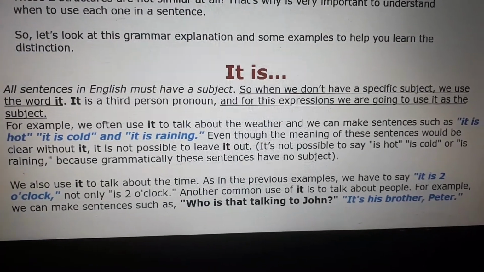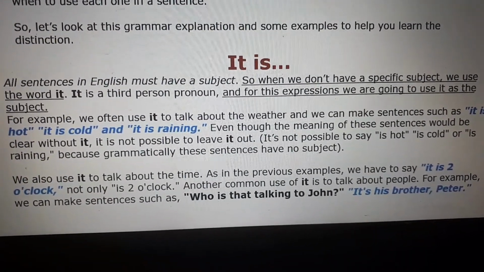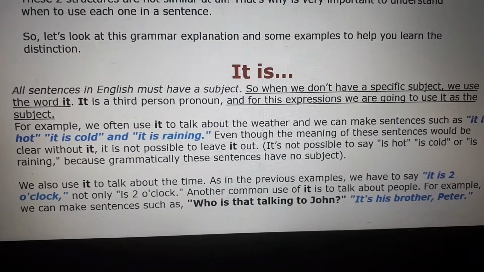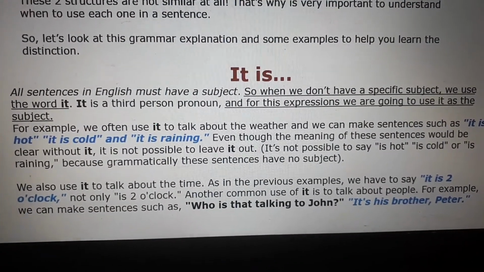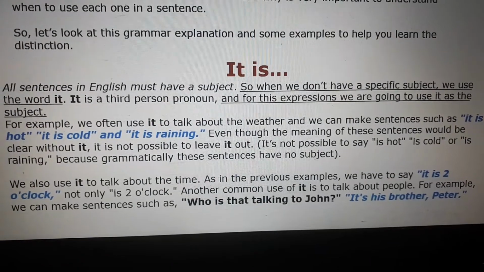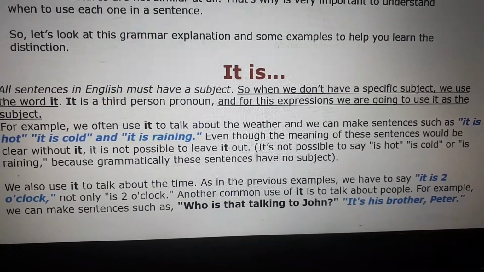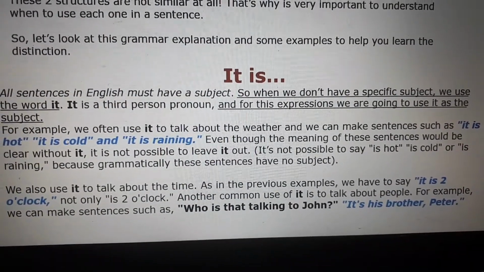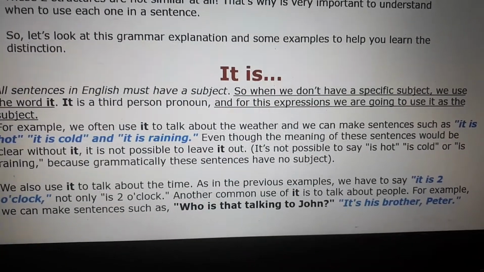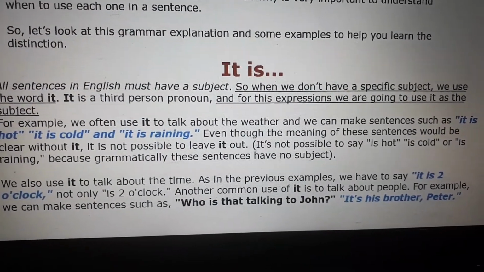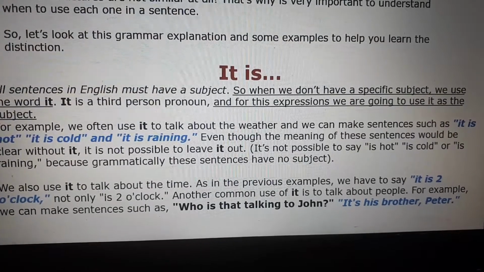It's not correct, and it is not possible to say just is hot. We have to say it is hot or it's hot. Also, we can't say just is cold. We have to say it is cold or it's cold in the contracted form. Also, we can't say just is raining.